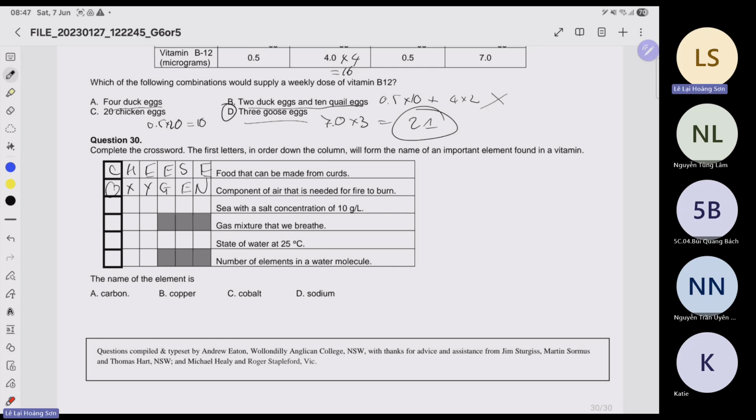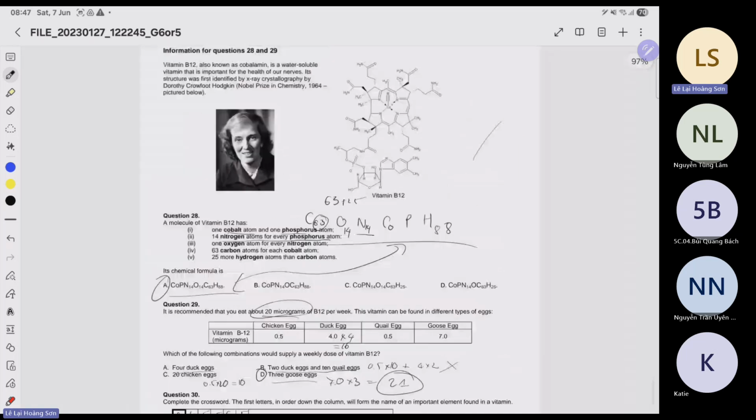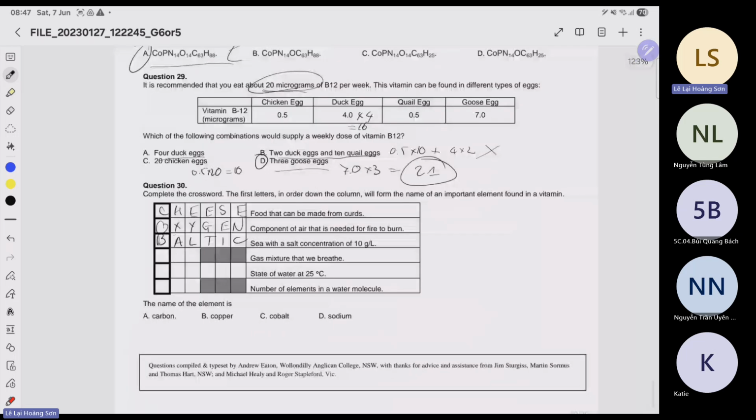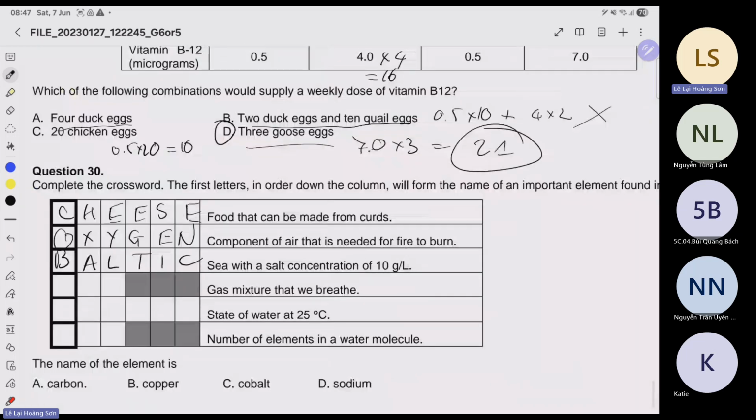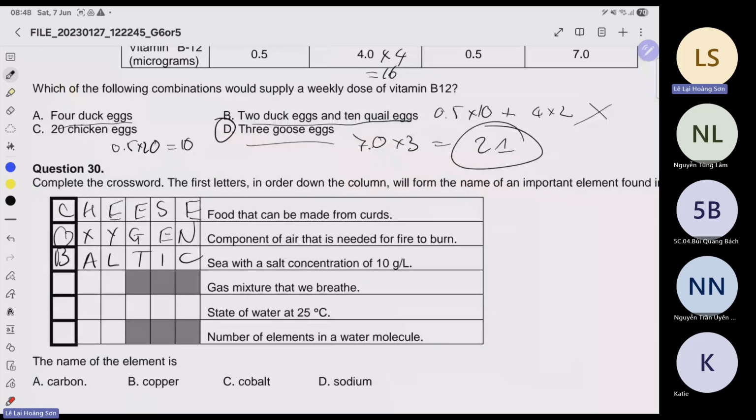Sea with a salt concentration of 10 grams per liter. It's going to be Baltic, I guess. I'm not really sure for that one, but I think with this high amount of salt, it's going to be Baltic.